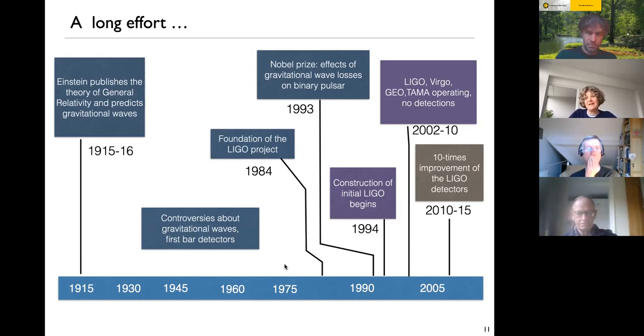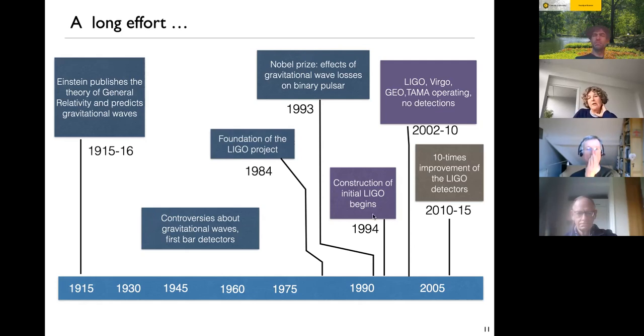Anyway, in 1994, the construction of the initial LIGO detectors began, finally, after some evidence for the existence of gravitational waves, by looking for effects in binary pulsars, had received a Nobel Prize in Physics in 1993.